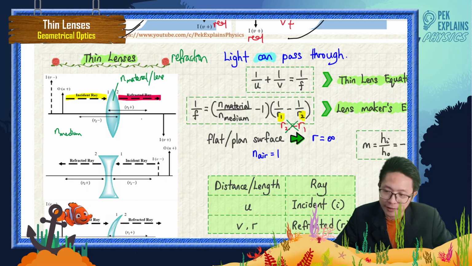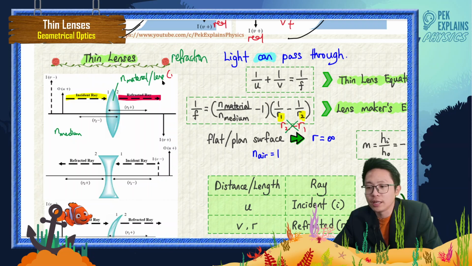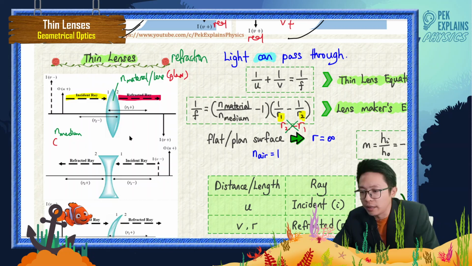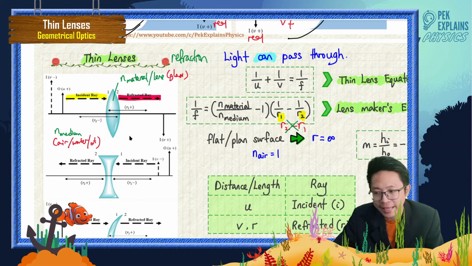For n material, or the lens, this is normally glass, or maybe some other material. But for the medium outside, it is normally either air or water or oil, or maybe glass also.